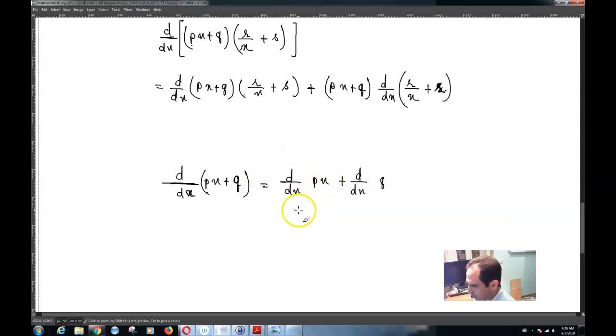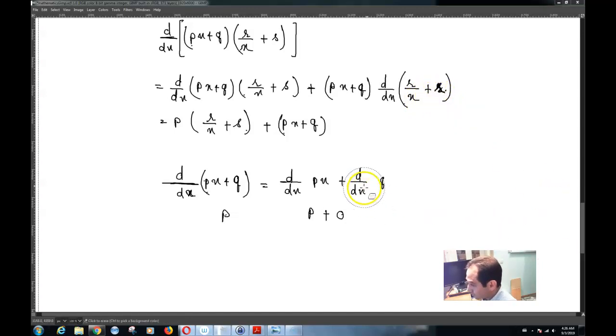Now d by dx of px is equal to p. d by dx of q is some constant, for example d by dx of 2 is equal to 0. So this would be just p. So then this would be p times (r over x plus s) plus (px plus q) times d by dx of (r over x plus s).